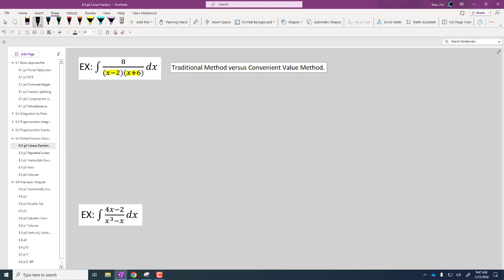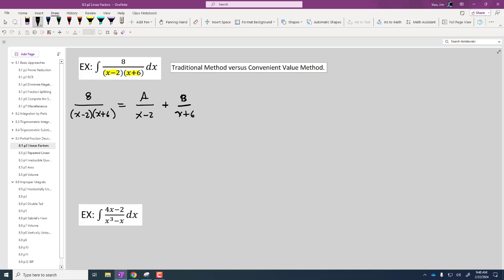So here's what the traditional method says. We're going to take our rational function and break it into 2 partial fractions. The 2 partial fractions have the form of a constant divided by each factor of the denominator. So that's what we want.